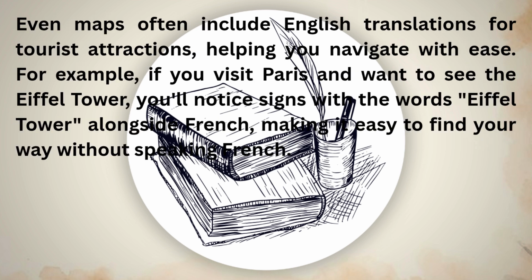Even maps often include English translations for tourist attractions, helping you navigate with ease. For example, if you visit Paris and want to see the Eiffel Tower, you'll notice signs with the words Eiffel Tower alongside French, making it easy to find your way without speaking French.